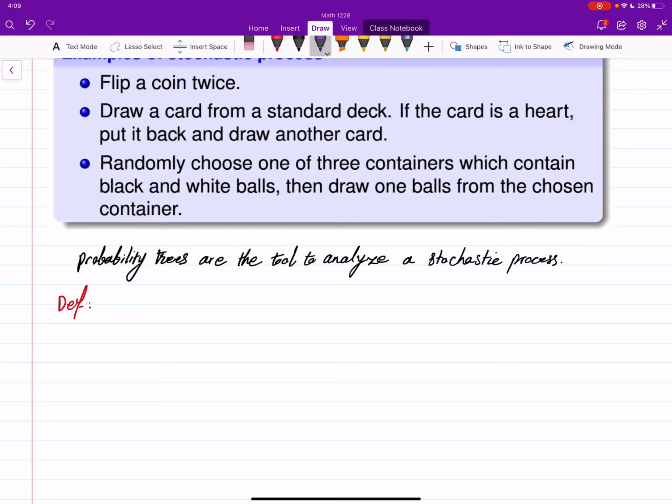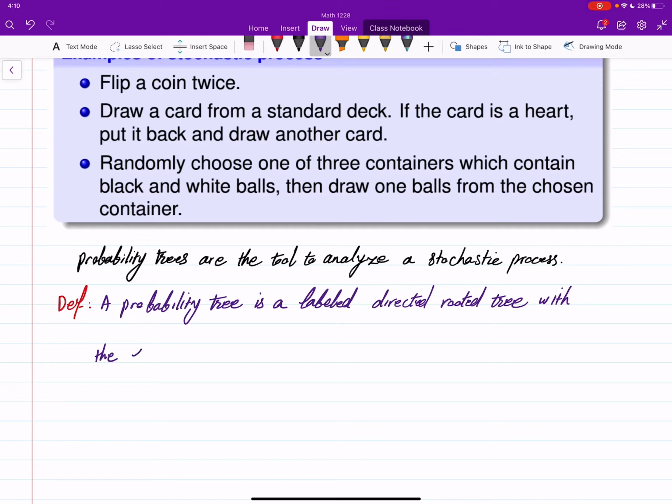A probability tree is a labeled, directed, rooted tree with the following rule of labeling. Okay, so we have seen some of these things.